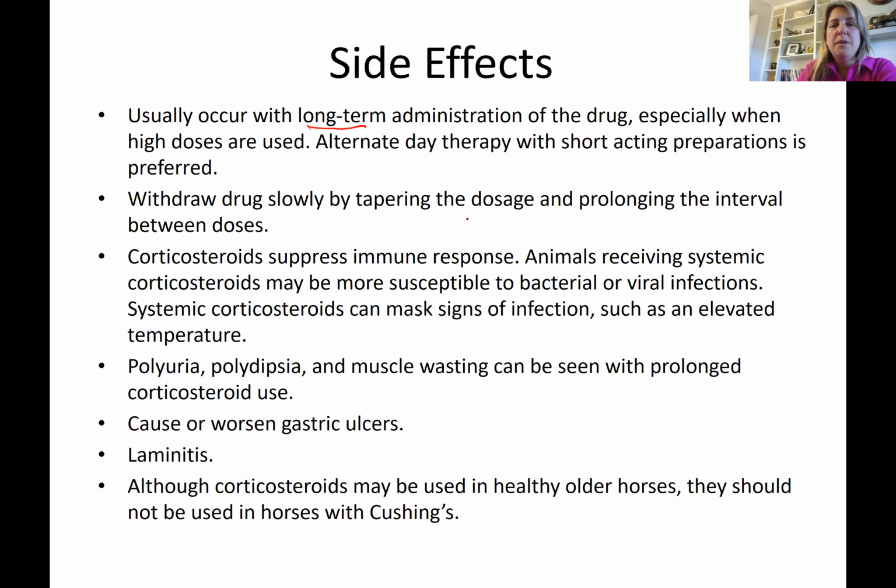You need to taper the dose, or if you can, have an interval between doses. For example, in the cases of hives, instead of giving it every day, maybe try giving the medication every other day, because if this horse needs to be on steroids, they're going to need to be on steroids for a long time if other environmental changes cannot be achieved. So how to give the least amount possible, okay?